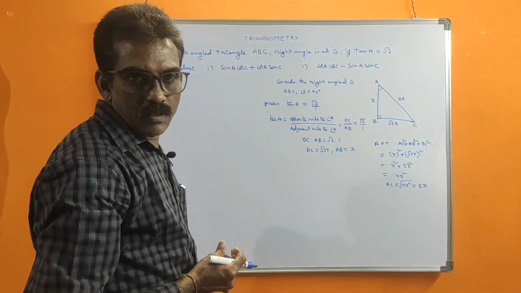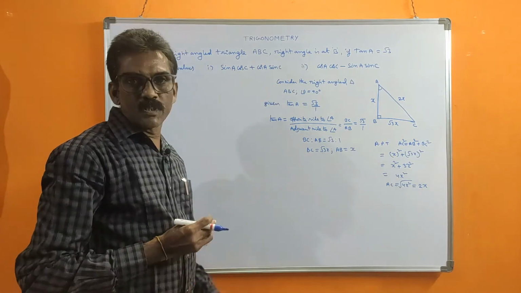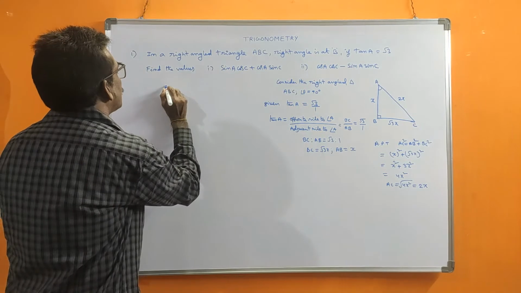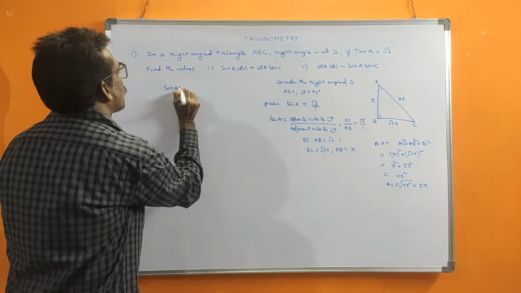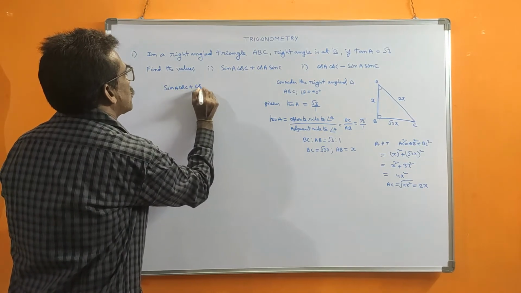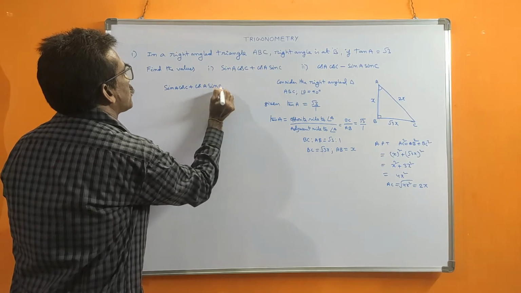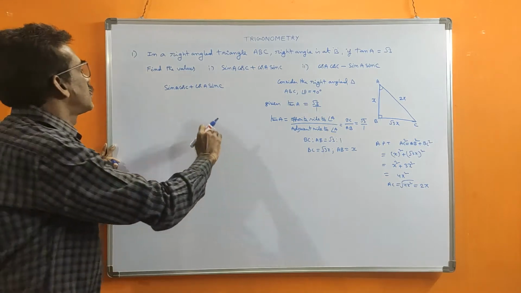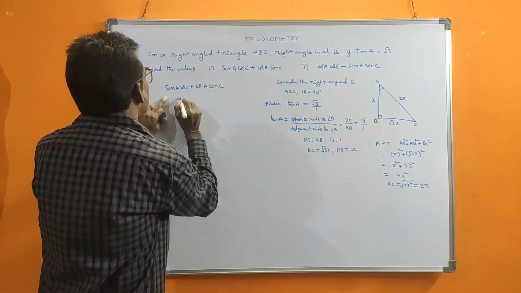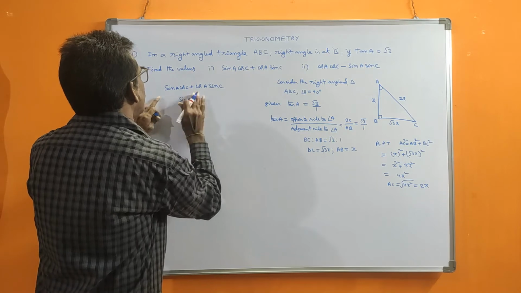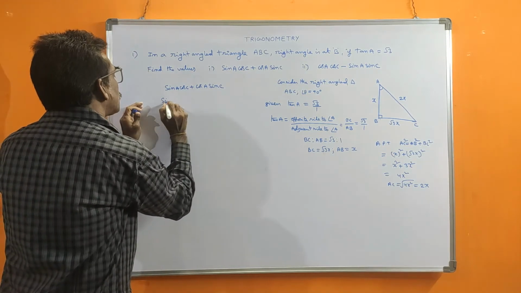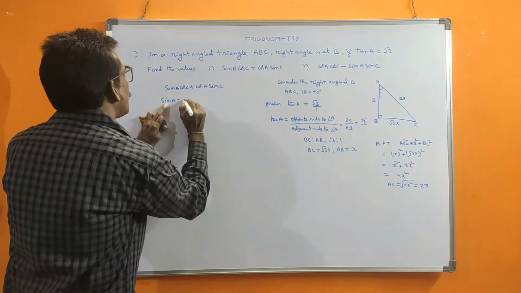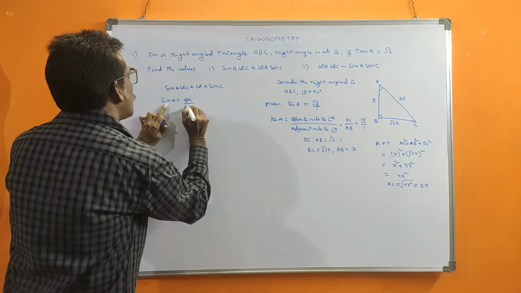Now our duty is simply substituting. Take the sum. What is it asking? Sin A cos C plus cos A sin C. First find out the terms individually. Sin A is there, so calculate sin A. The formula for sin is opposite side by hypotenuse.